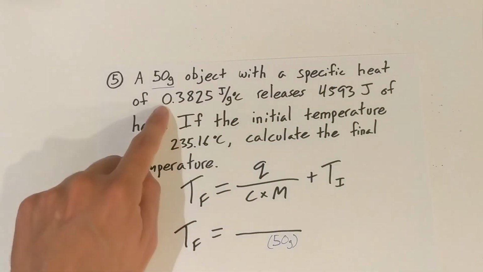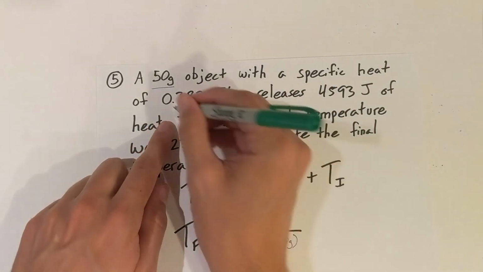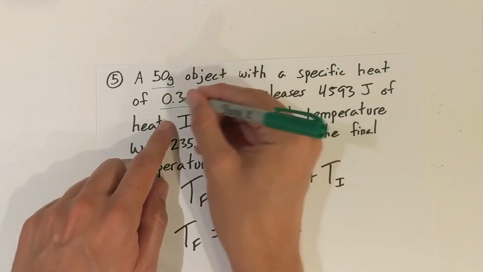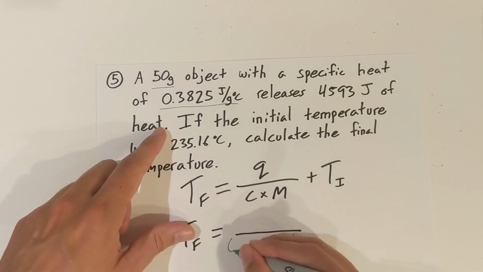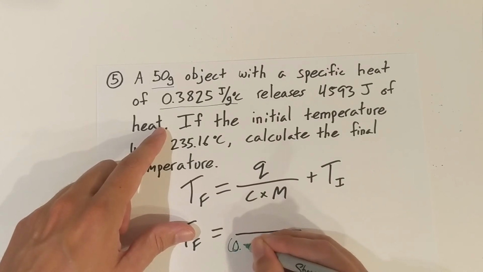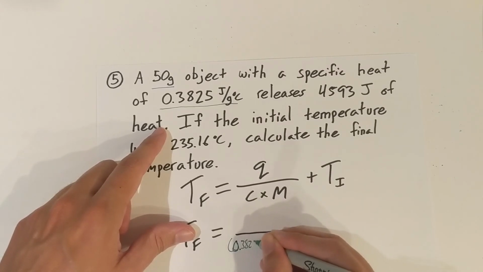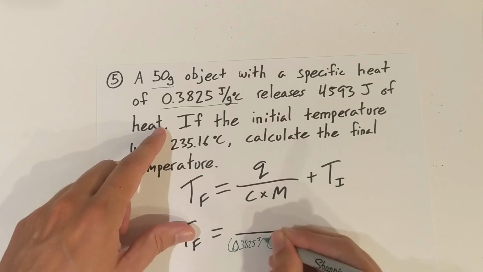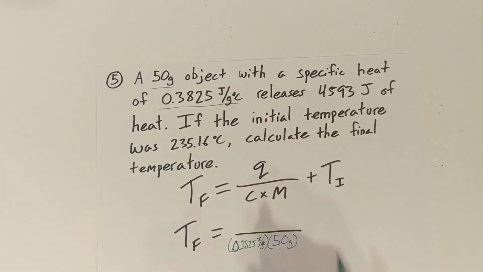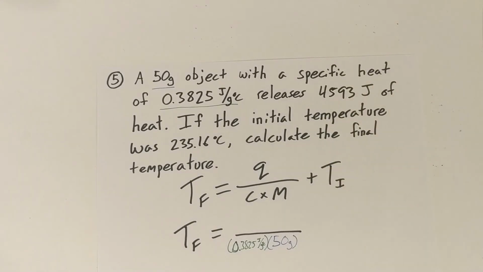With a specific heat of 0.3825. Throw that right where C goes, because that's specific heat. 0.3825, and we're going to try to squeeze those units in there. Joules per gram Celsius.